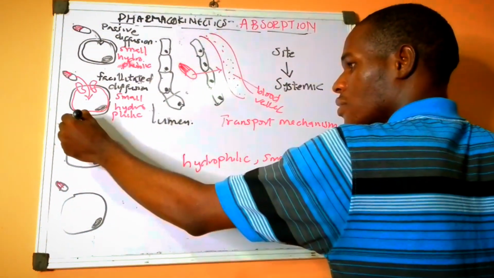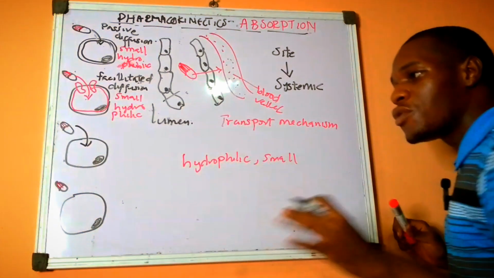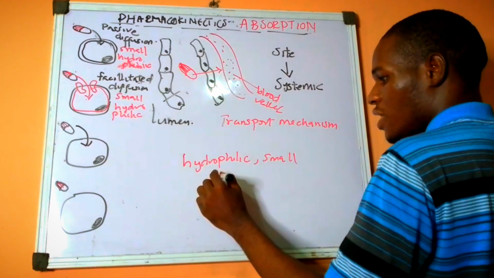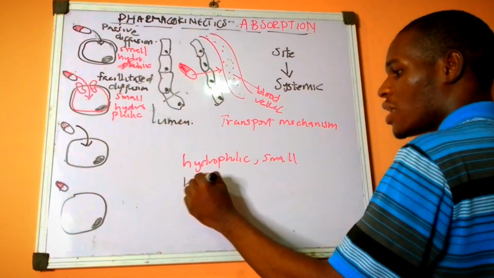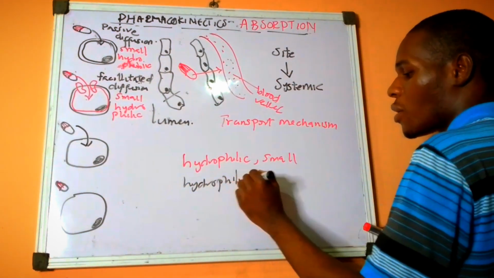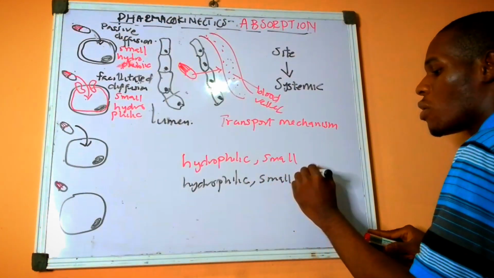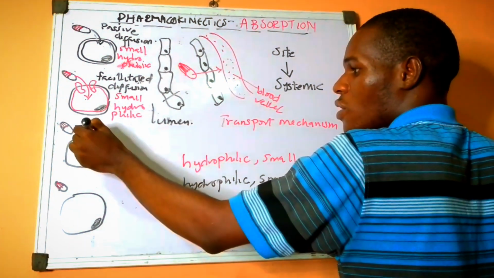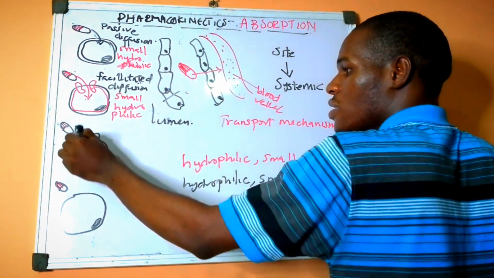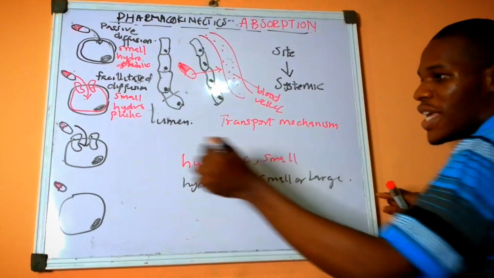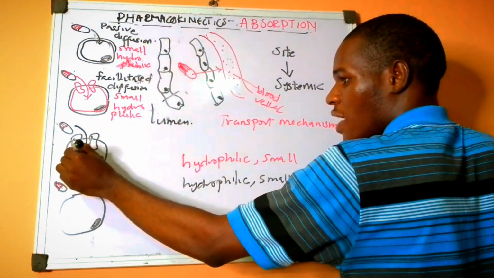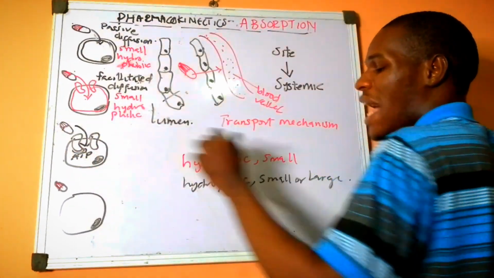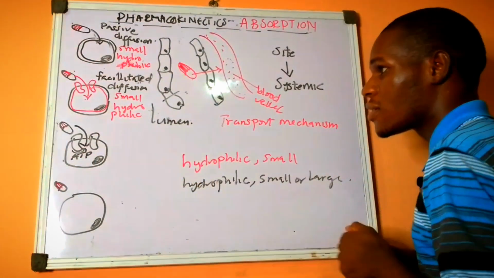We have the third transport mechanism in absorption of the drug, whereby the transportation of this drug into the cell membrane would require carrier proteins again, but it is against its concentration or diffusion gradient. And those drugs are actually still hydrophilic, but they may be small or even large, depending. This particular transport requires transport proteins that use energy in the form of ATP. So let me just write it here. ATP is being used to transport drugs against their concentration gradient.